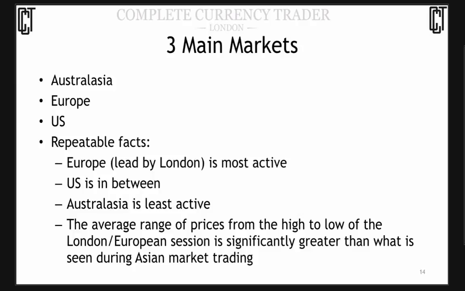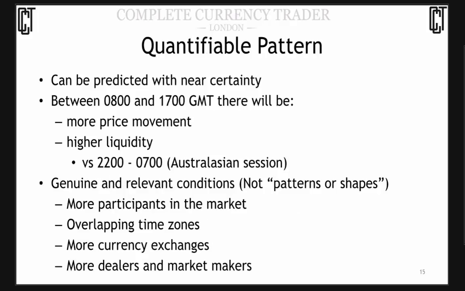The average range of prices from high to low during that London/European time session is significantly greater than what we would normally see during the Asian market trading. Again, it's something that's quantifiable, something that we know to be true and can be supported by facts over time.